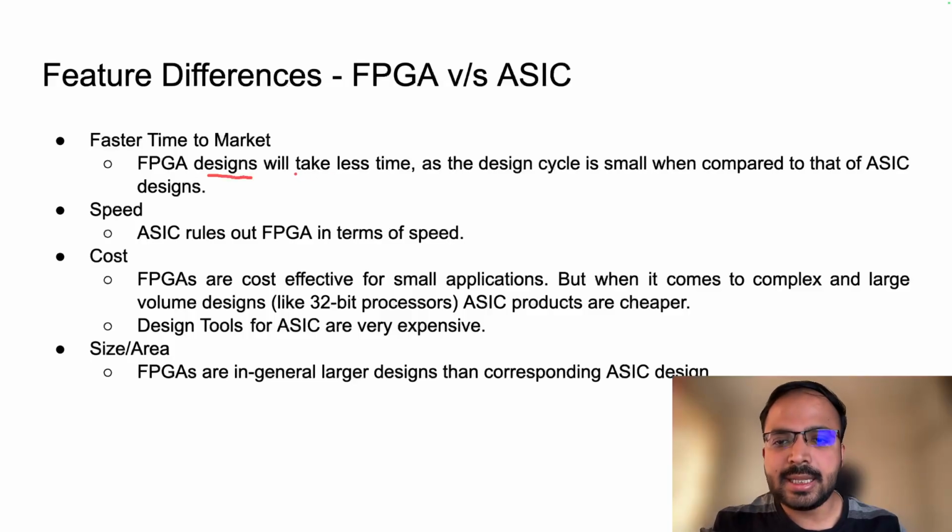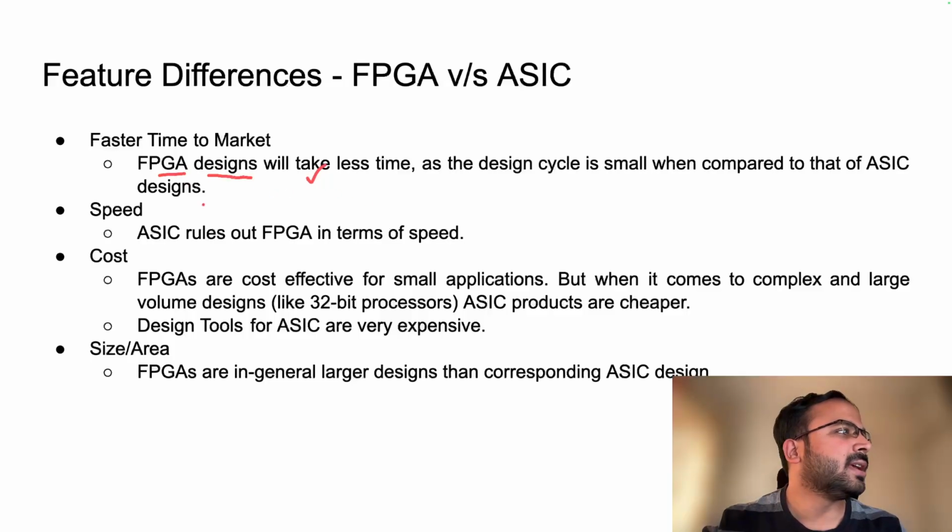The design steps are fewer, and that is why FPGA designs take less time compared to ASICs. The design flow in ASICs has more steps. For example, DFT, design for testability insertions, and all those checks are introduced, and even the testing cycles are longer compared to FPGA designs, right?